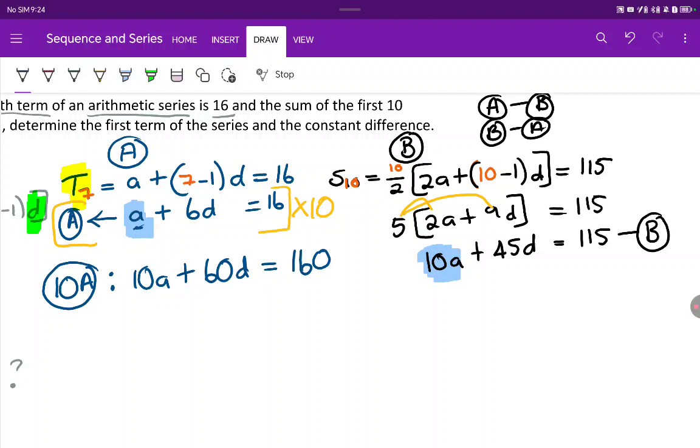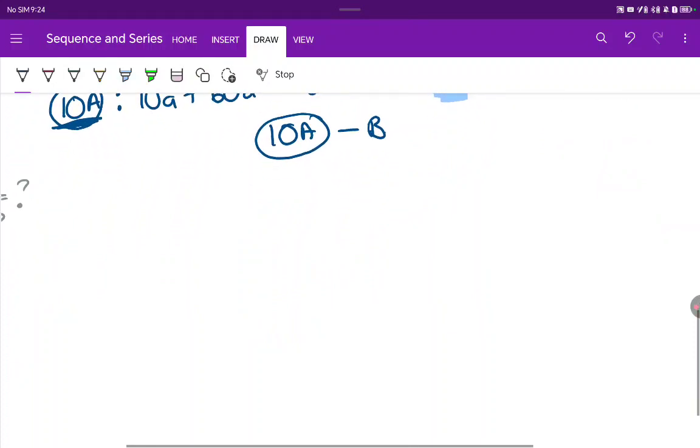Okay, so now we have A, we have 10A, this one, and we have B. Let's subtract. Which one's bigger? Which one's smaller? Okay, 10A is bigger. So we're going to say 10A minus B. Let's do that.